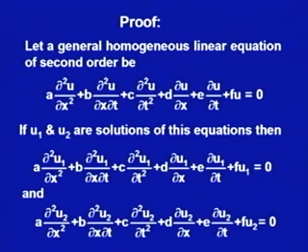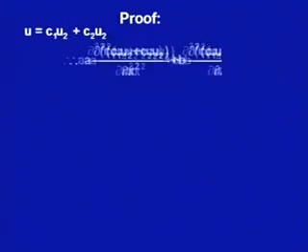Now, we have to show that its linear combination C 1 u 1 plus C 2 u 2 is also a solution. So, I am taking u to be C 1 u 1 plus C 2 u 2.